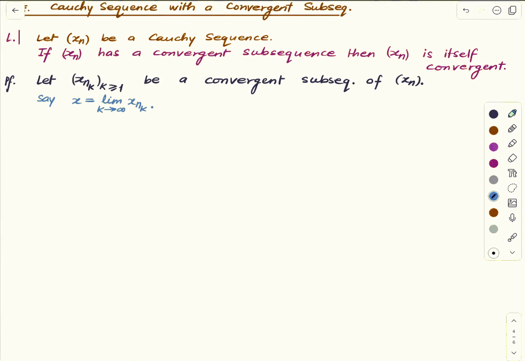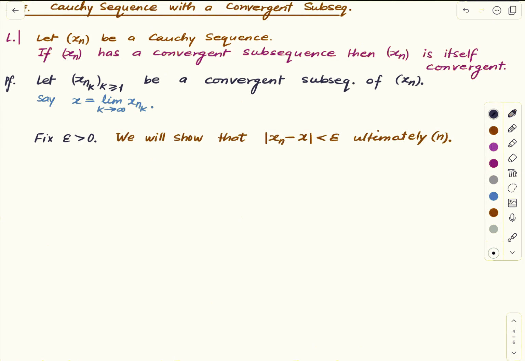So fix epsilon greater than 0, and we will show that this is less than epsilon ultimately. This will establish convergence, in fact that the sequence converges to the point x. So this is our goal.